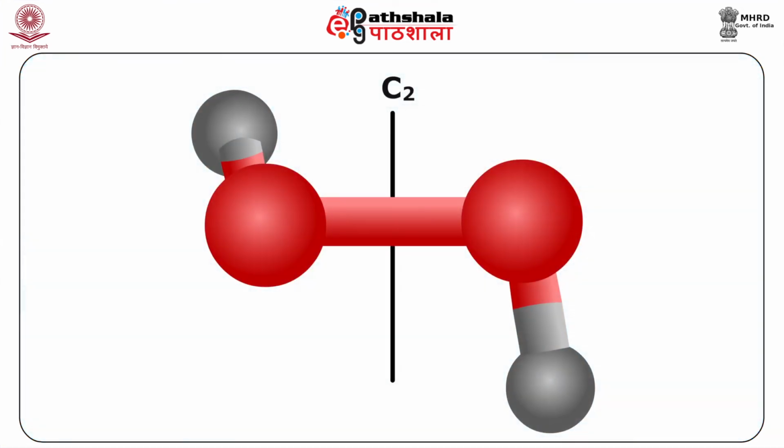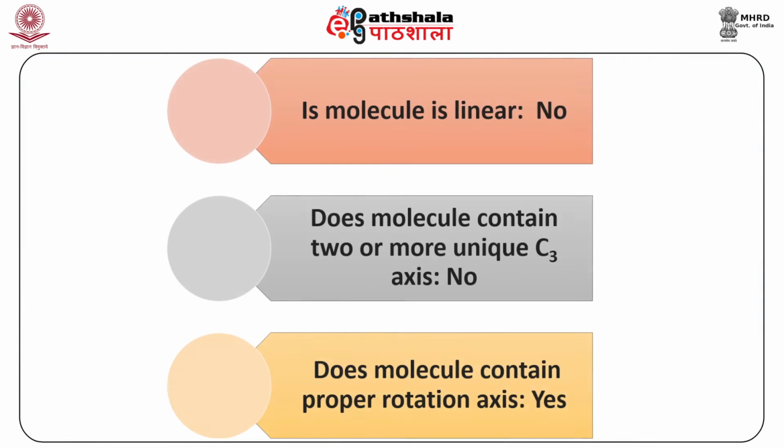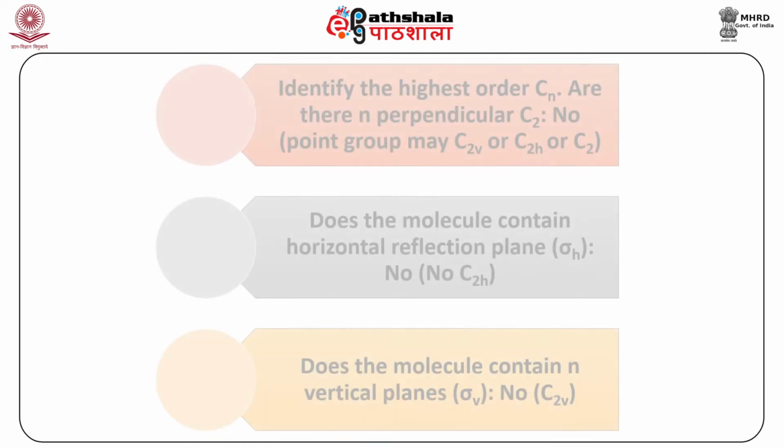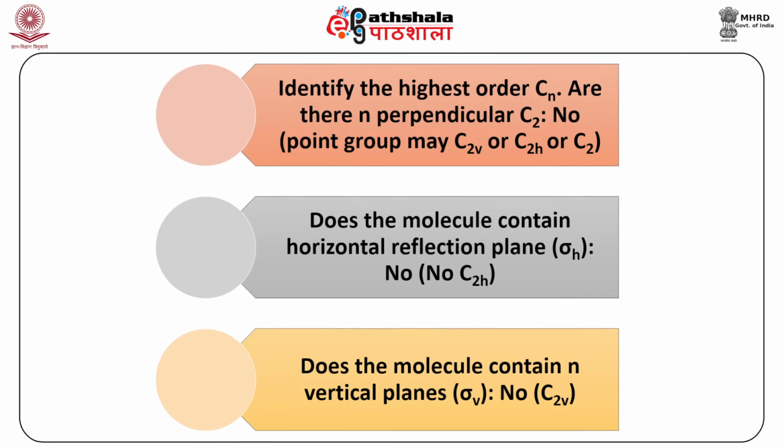The fifth example I would like to take is that of hydrogen peroxide. Obviously, again the molecule is not linear. The molecule contains no two or more unique C3 axes, right? There is a C2 axis. It does contain a proper rotation axis, C2 axis again. So, the options left with us are C2V, C2H or C2 again.